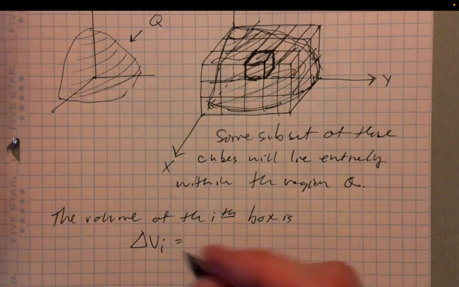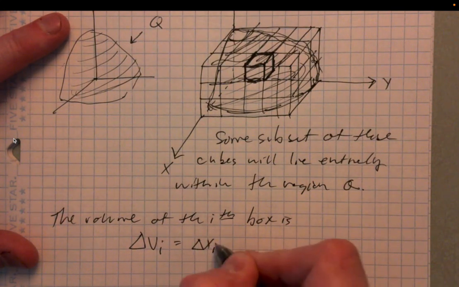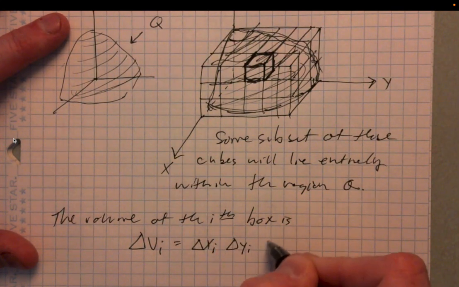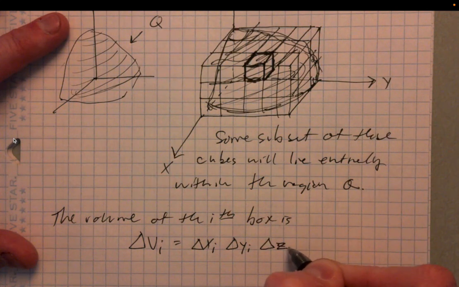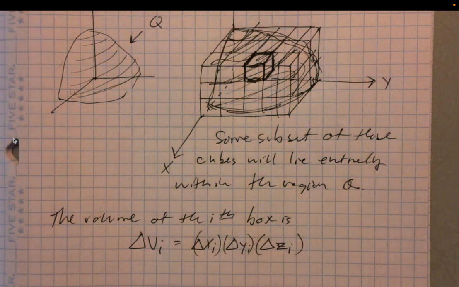We can think of it as delta x i, delta y i, delta z i, the product of those three dimensions. That's going to give us the volume. Now, if we were to aggregate over all of these delta V i's, then we would come up with an approximation of the volume of Q.